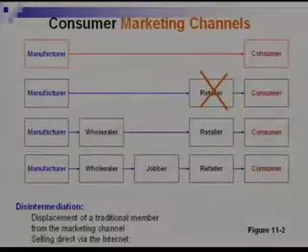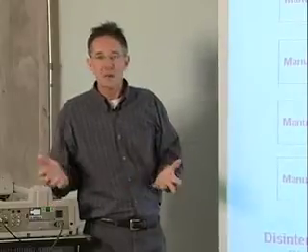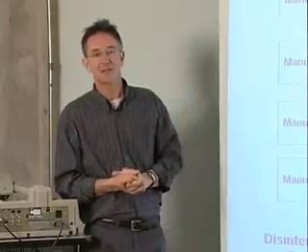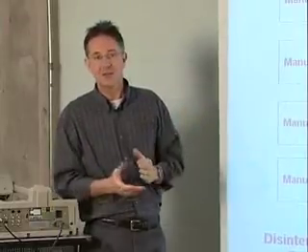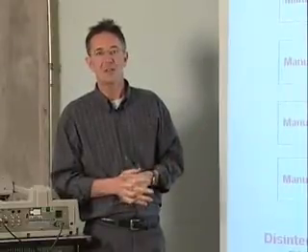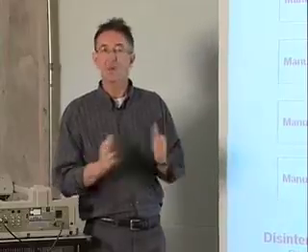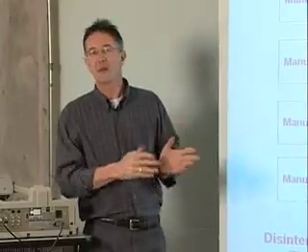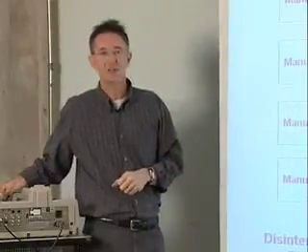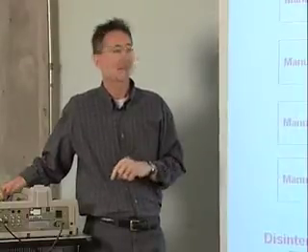And that can create some sort of conflict in that the retailer might be upset that the product is being available directly to consumers, especially if you can buy products less online from the manufacturer than you can from the retailer. And so a lot of manufacturers have set policies that no matter where you buy the product, from a manufacturer online or from the retailer in the store, the prices will be the same. But disintermediation is when you actually cut out one level of the distribution channel, primarily due to the internet.